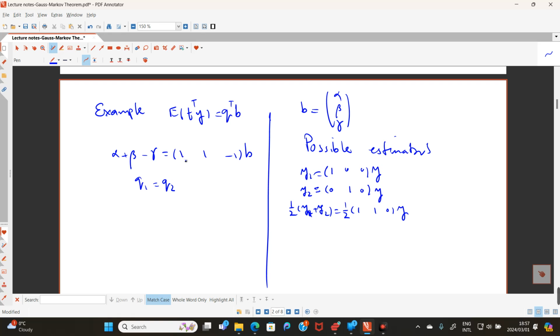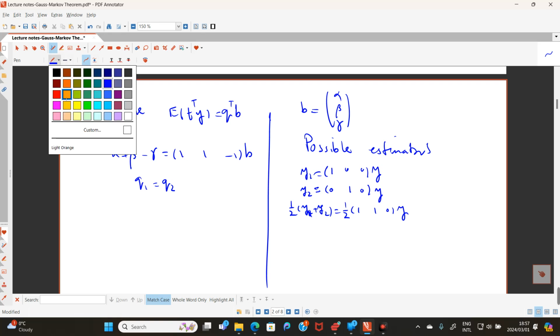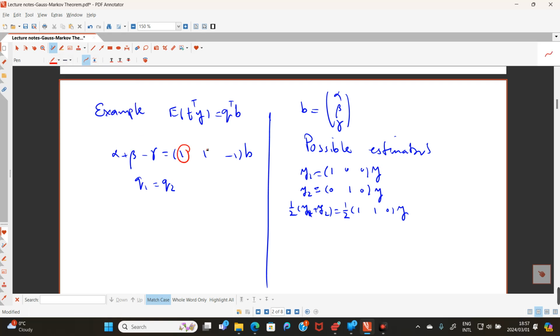And here you see this element is 1 and this element is 1, so we conclude that q1 is equal to q2. We showed that we had three different linear functions of observations in order to estimate alpha plus beta minus gamma, and these are the possible estimators. In this example, q1 equal to q2 is satisfied.